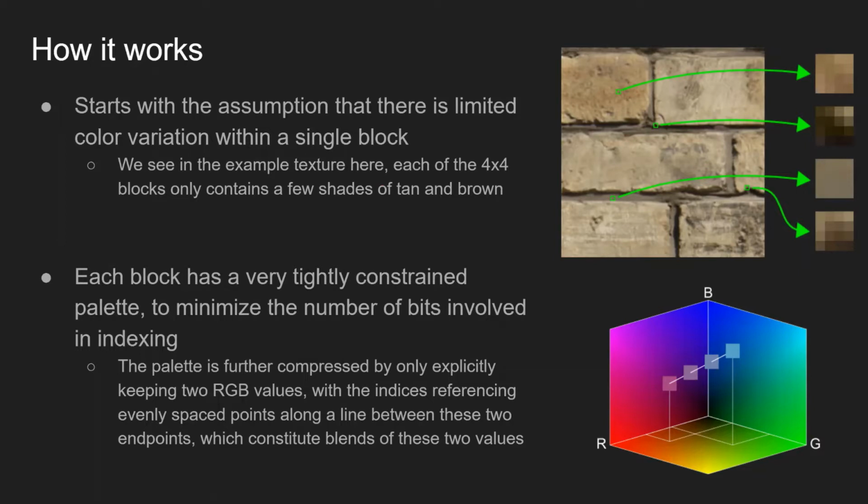The way that these things are encoded is in terms of endpoints of a line in RGB space. And then there's a few bits involved in a palette to index into a few different interpolated points along that line segment.